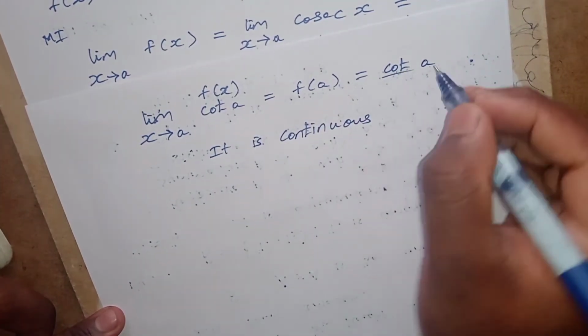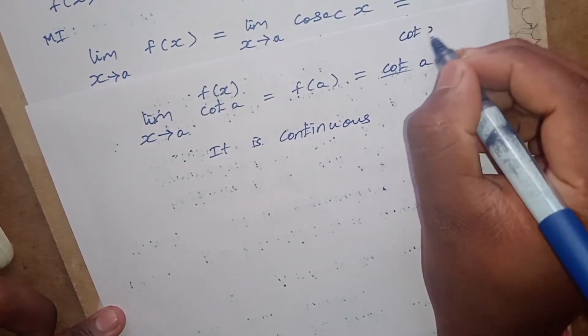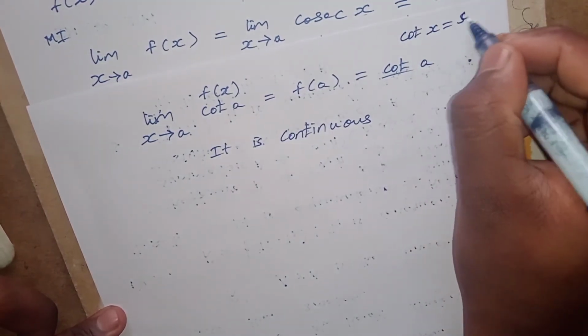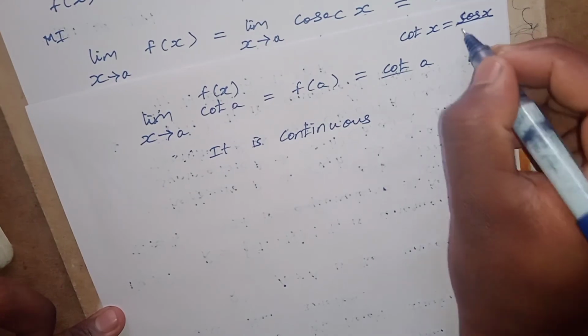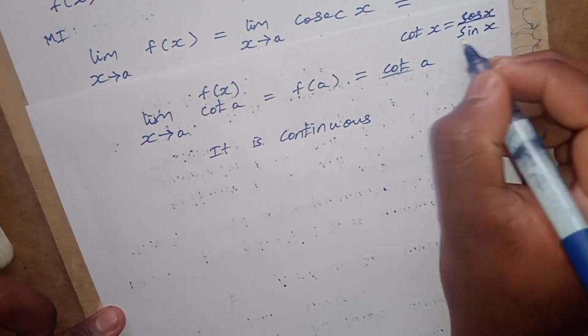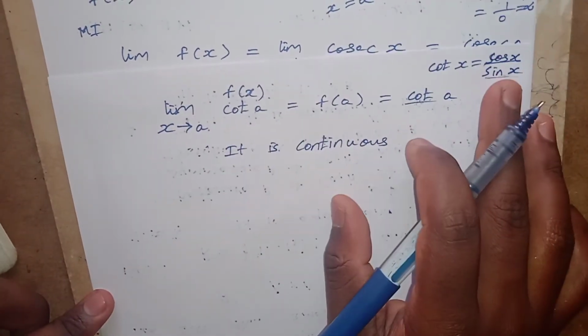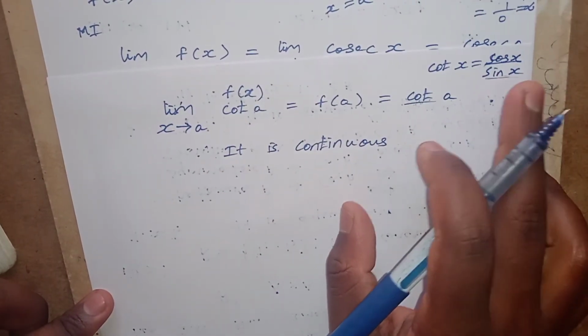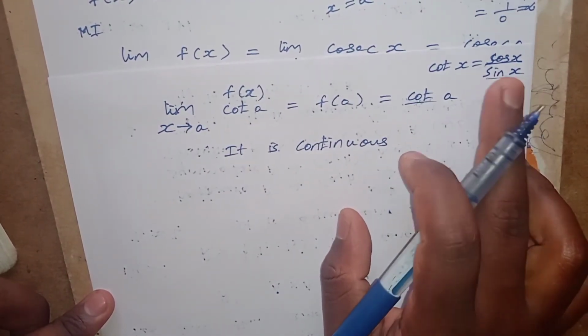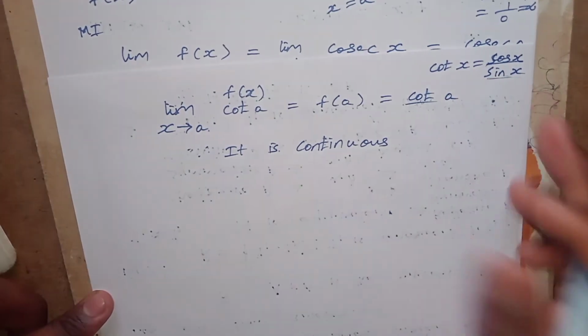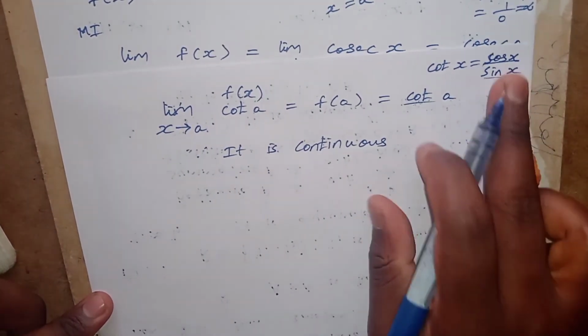but here cot x is equal to cos x by sin x. Okay, here in the denominator sin x, if you substitute 0, sin 0 is 0, then infinity; sin pi, infinity; sin 2 pi up to n pi, here also it is infinity.